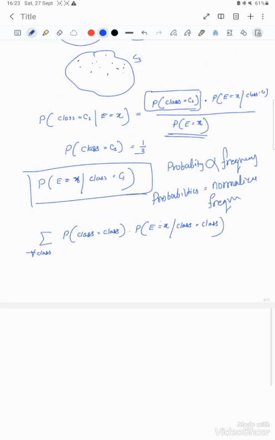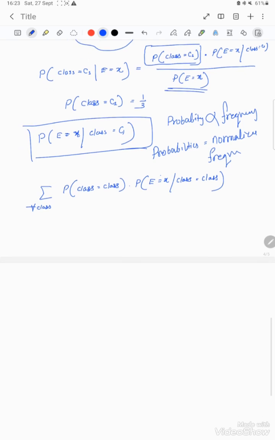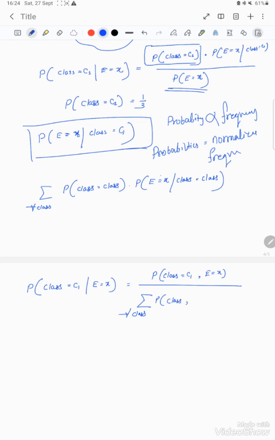In this way, the probability of class C1 given E equal to X is the joint of class equal to C1 and E equal to X, divided by the marginal over all classes of the probability of class comma E equal to X. In this way you will have an estimation. So if I randomly give you a sample, you can say this sample belongs to class C1. It is quite intuitive.